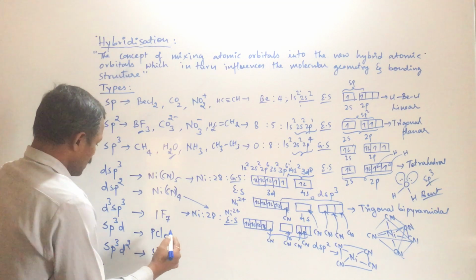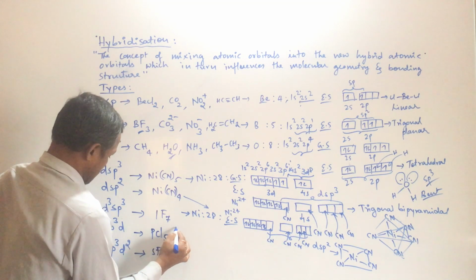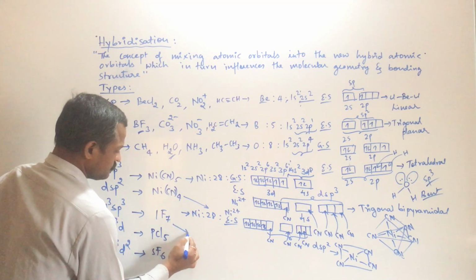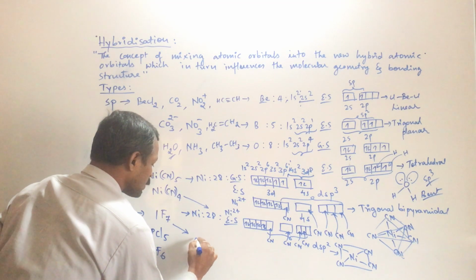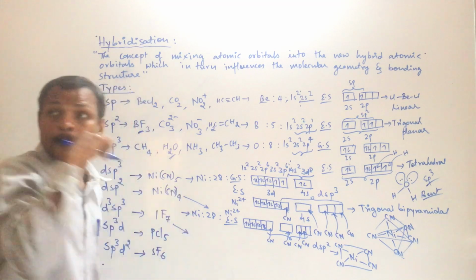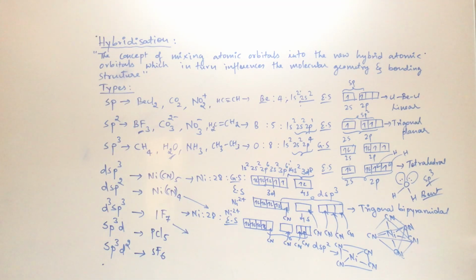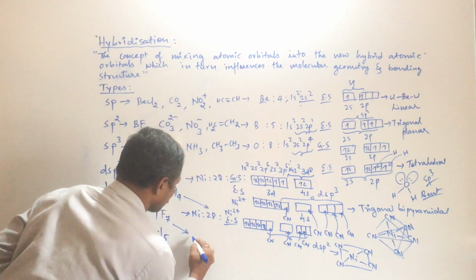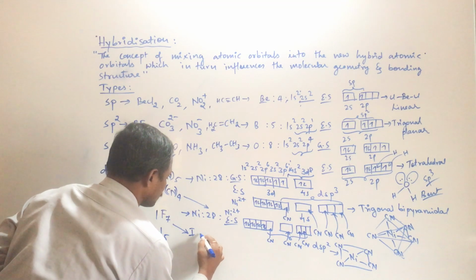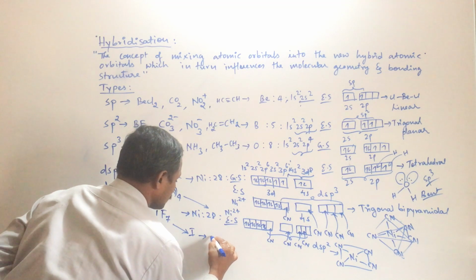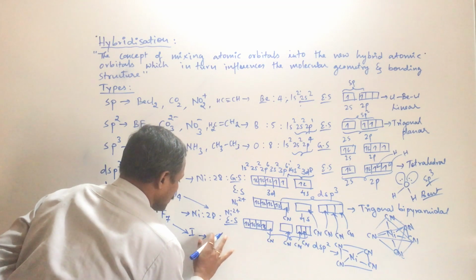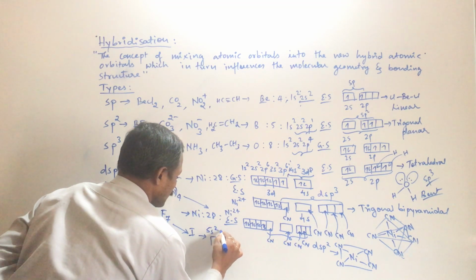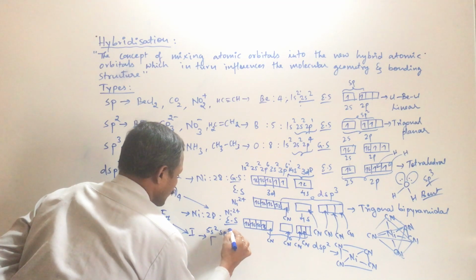Next, d3sp3. Iodine's valence shell electron configuration is 5s2 5p5.